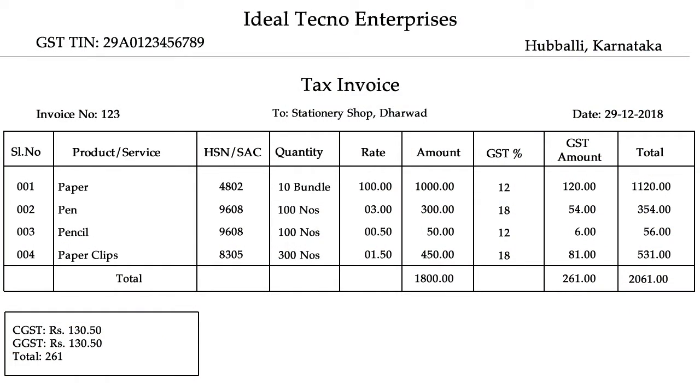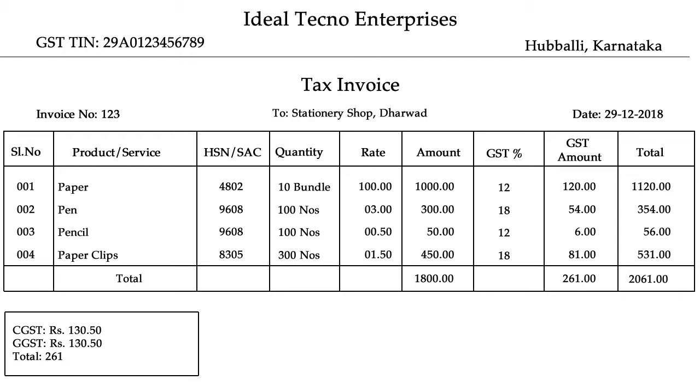So the first example would be purchasing trading materials. Let's consider you have purchased some paper, pen, pencil, paper clips from a company called Ideal Techno Enterprises. You can see the bill here, the invoice of your purchased goods.